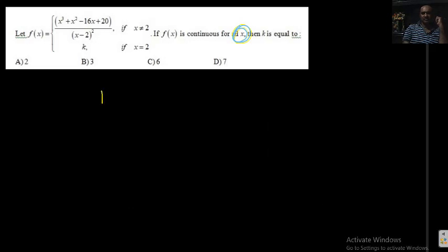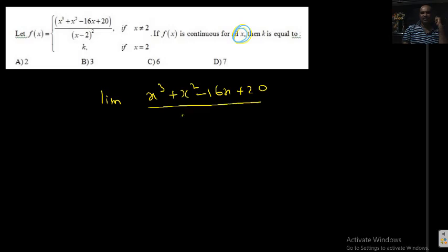So I want to write the limiting value of x cube plus x square minus 16x plus 20 by x minus 2 whole square, as x is tending to 2. Put x equal to 2: numerator you will get 0, denominator 0, 0 by 0 form. You can use L'Hopital or factorization method, any method you can use.